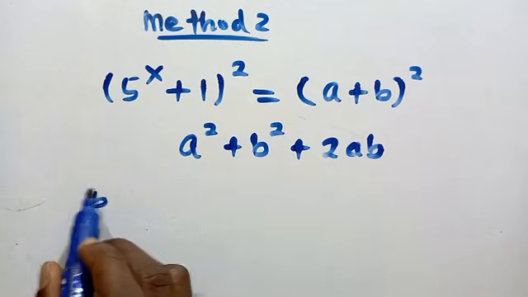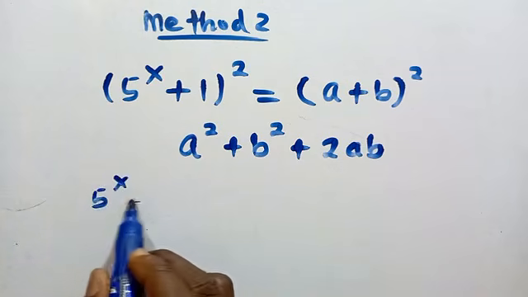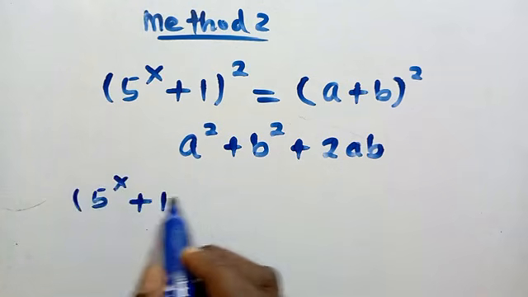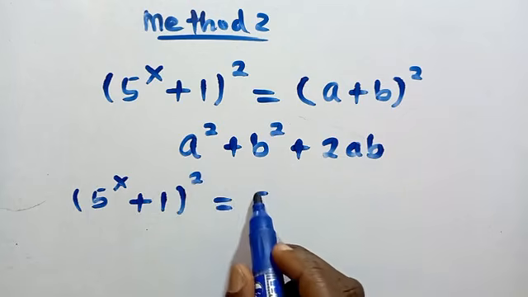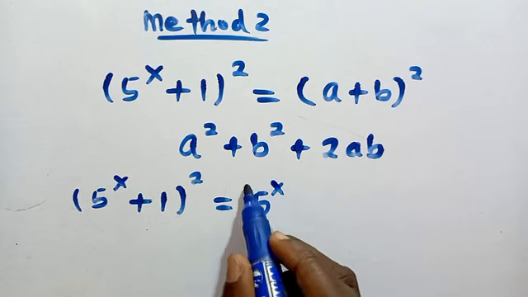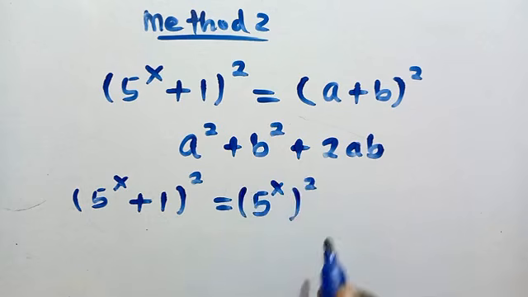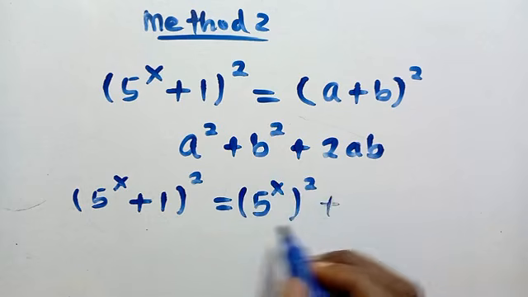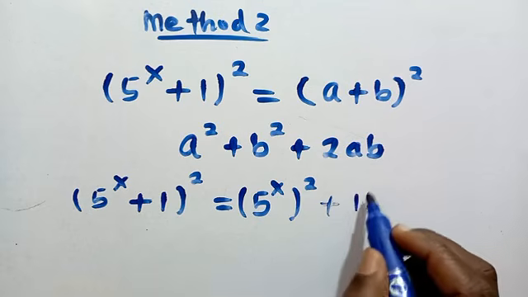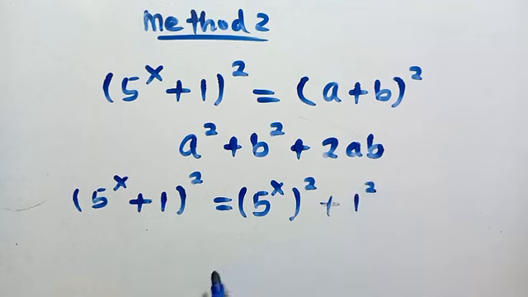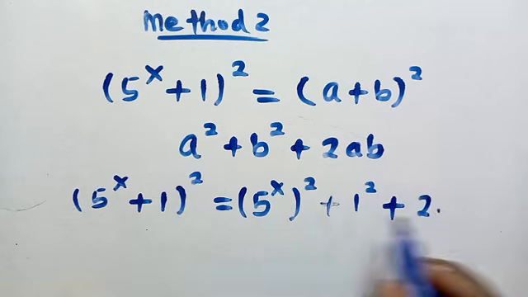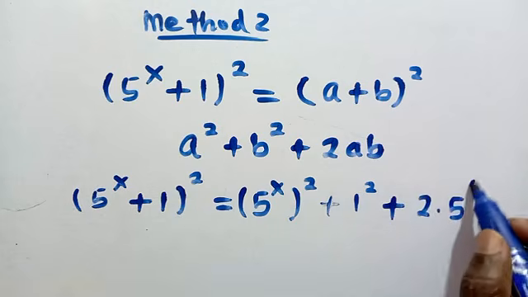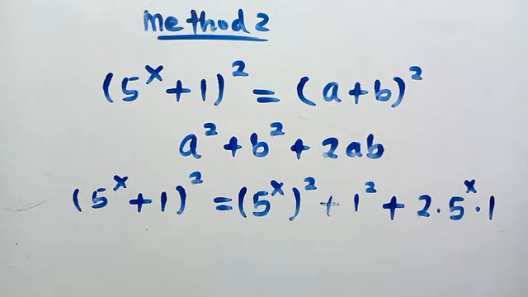Therefore, we have 5 power x plus 1 raised to the power of 2 equals a, which is now 5 power x raised to the power of 2, plus our b here, which is 1 raised to the power 2, and plus 2 times a, that is 5 power x, times 1, which is our b.